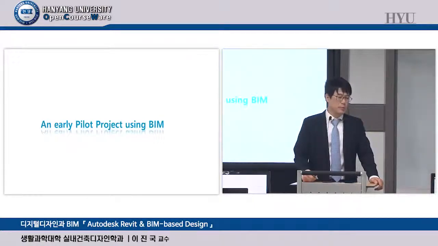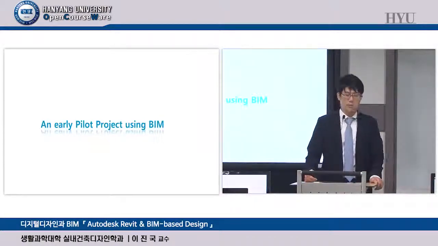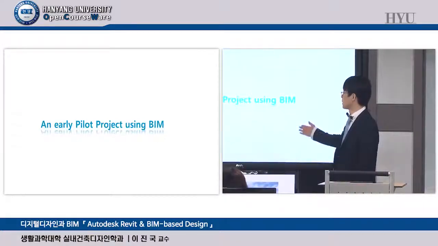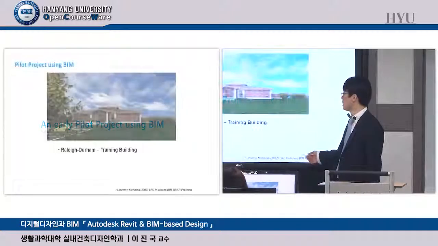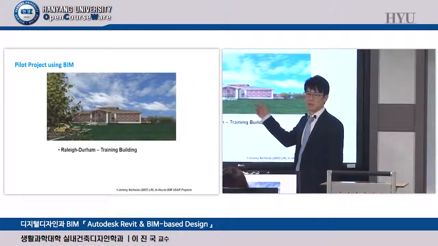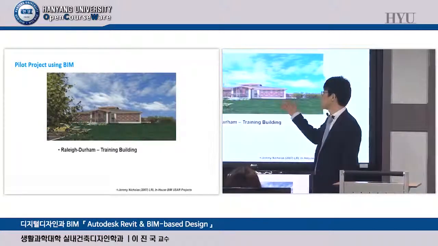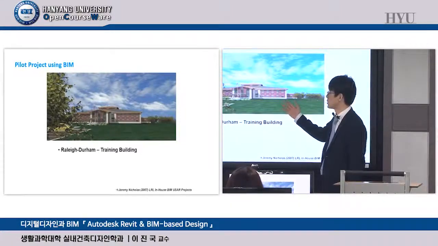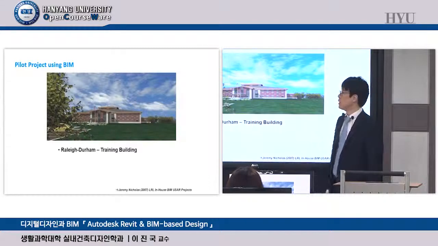Let me show you another very old and typical project done in the United States, an early pilot project using BIM, okay? This is one of the training buildings, kind of school-like, a very simple structure, very commonly found in the United States.